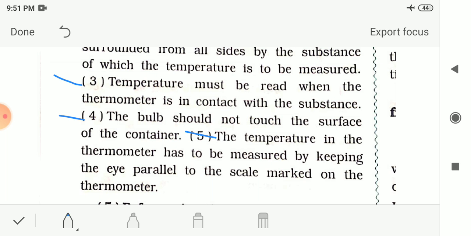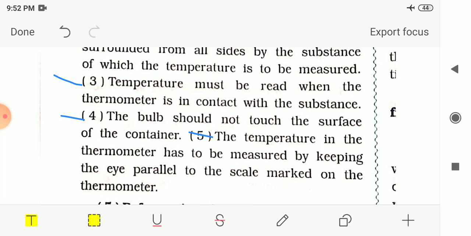Then the temperature must be read when the thermometer is in contact with the substance. Then the bulb should not touch the surface of the container, and the temperature has to be read by keeping your eye parallel to the scale marked on the thermometer. So these are the precautions.